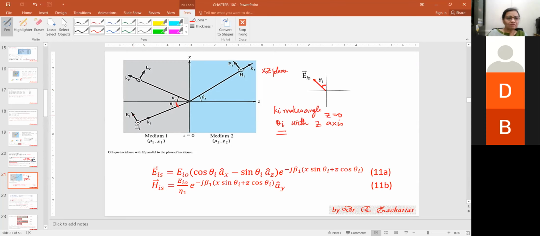It is going to be Ei. So for your sake, I will translate that here, and it is going to be called Ei naught. What will this angle be? This angle will be theta i. Understood now?